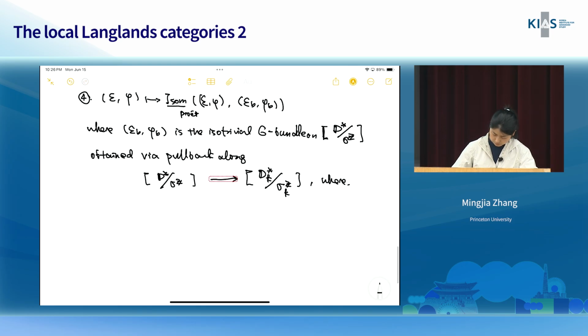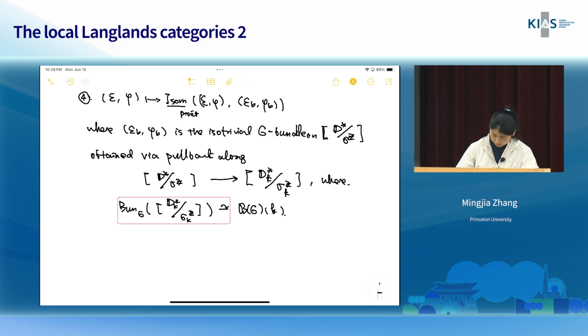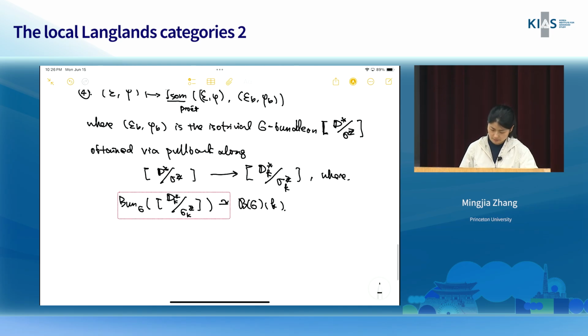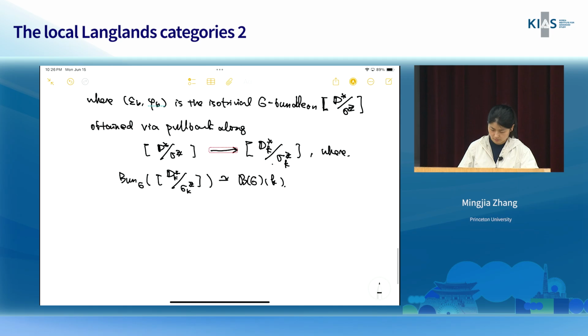But when R is K, then G-bundles on the target are classified by the usual Kottwitz set. So in particular, fixing an element b, I can define some G-bundle on this thing, and I can pull back to get a G-bundle on the source.